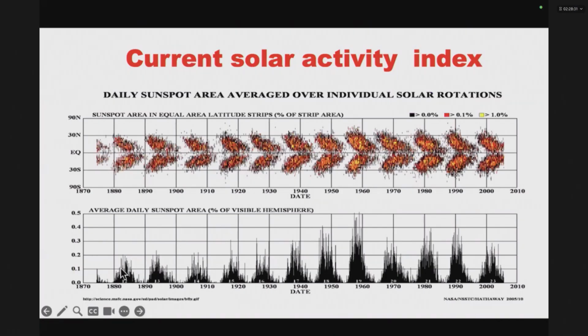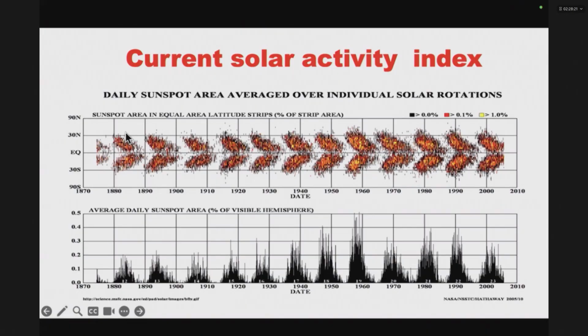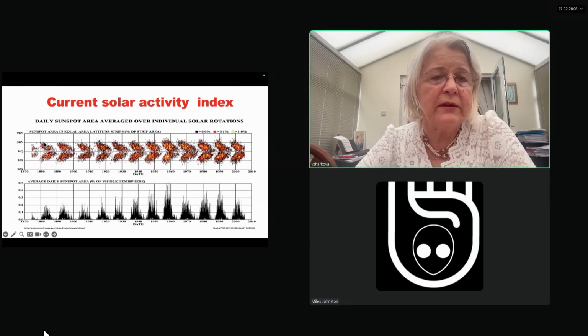They also calculated the total number of sunspots, shown in the bottom line, and how the sunspots are distributed on the surface of the sun from northern latitude to southern latitude, and showed that sunspots appear within the royal zone between plus or minus 30 degrees of latitude.